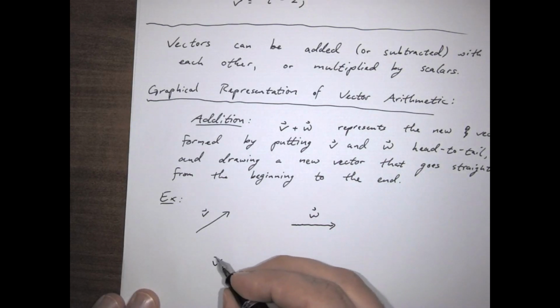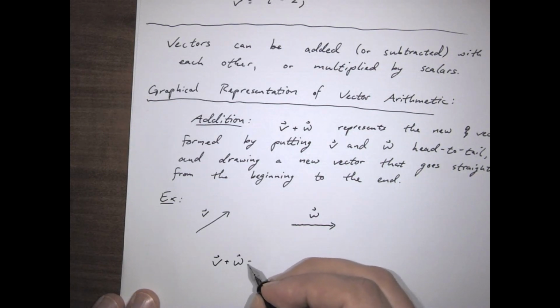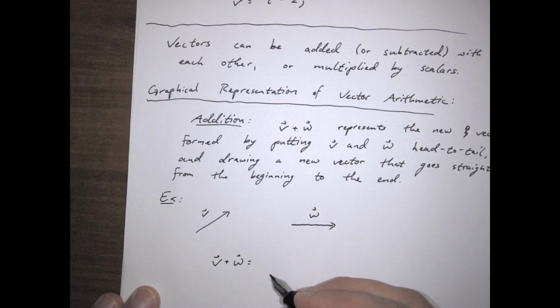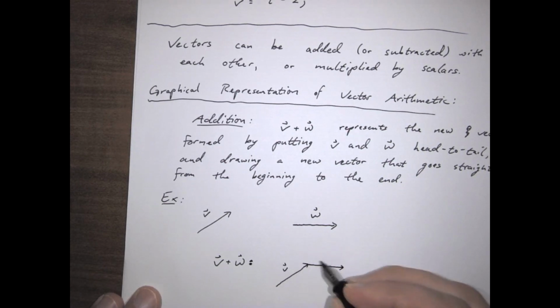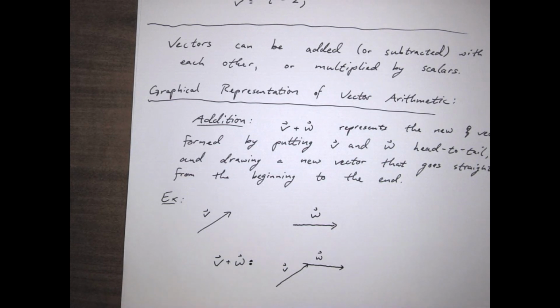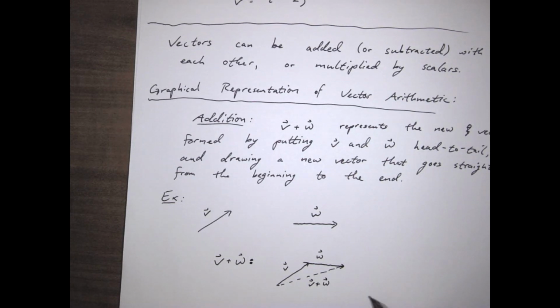So then v plus w would be first draw the v, and then draw the w, starting at the tip of the v here. So this would be v, this would be w, and then this would be the new vector that goes straight from the start to the end. And so v plus w will be going like that.